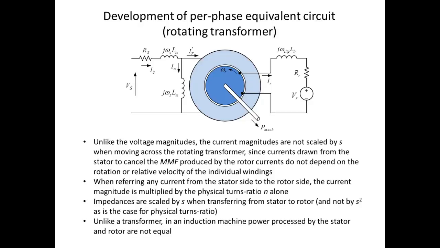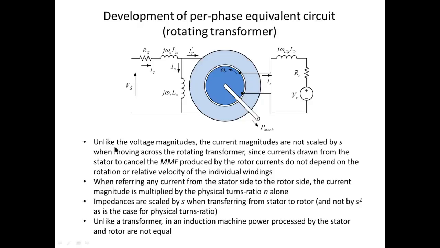In the case of the induction machine, since only the voltage scales by ns and the current scales only by n and not by s, the impedance now does not simply scale by the square of ns.